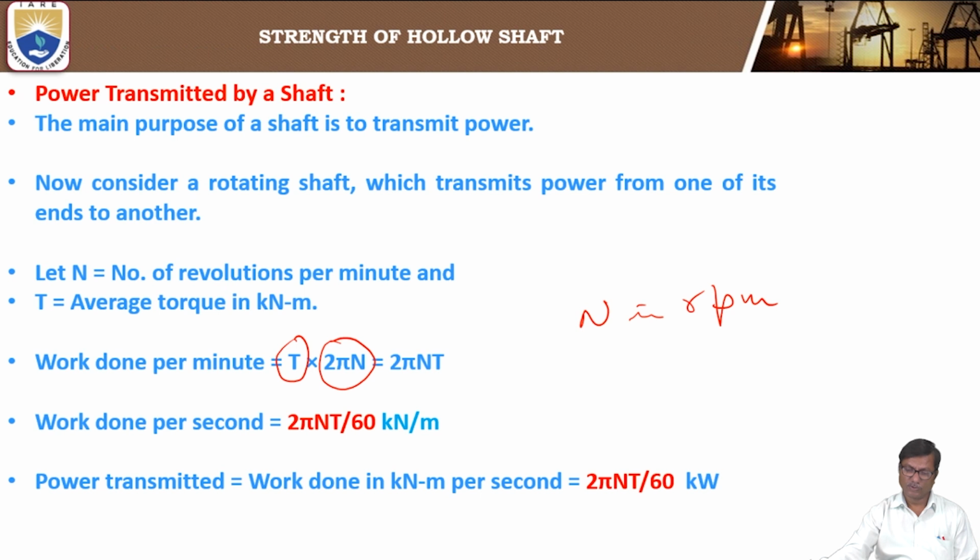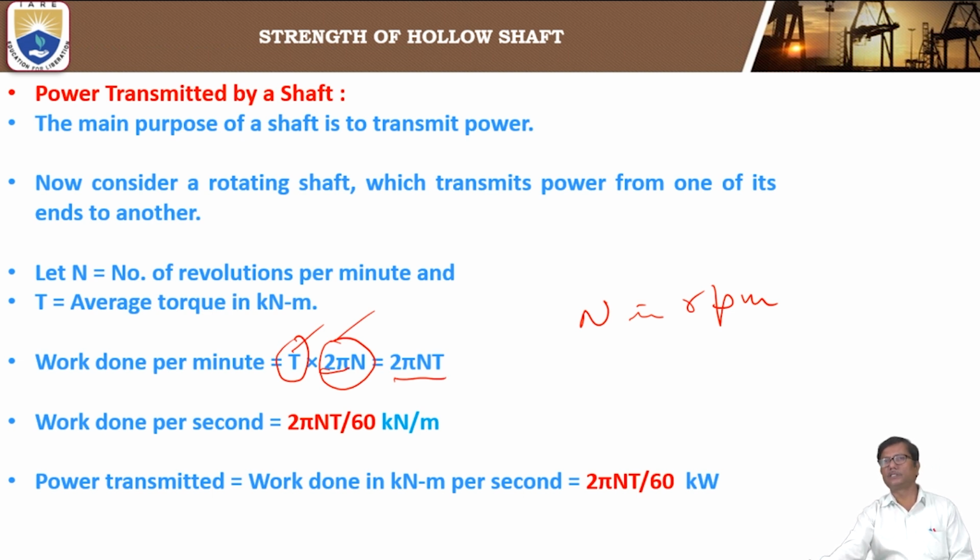Okay, so 2 pi radians per 1 revolution. For N revolutions it is 2 pi N radians. So twisting moment multiplied by the angular displacement gives work done.